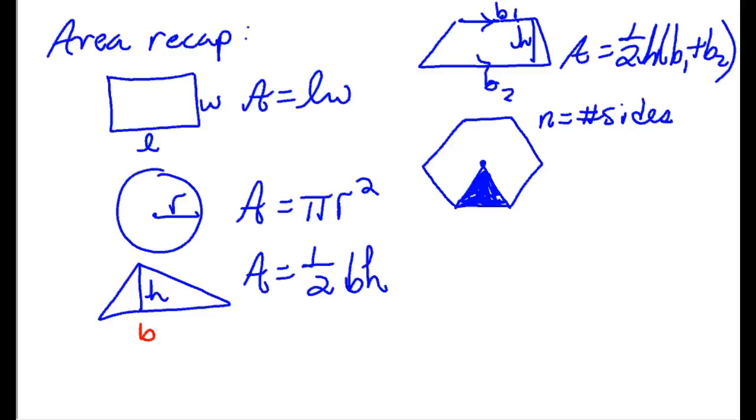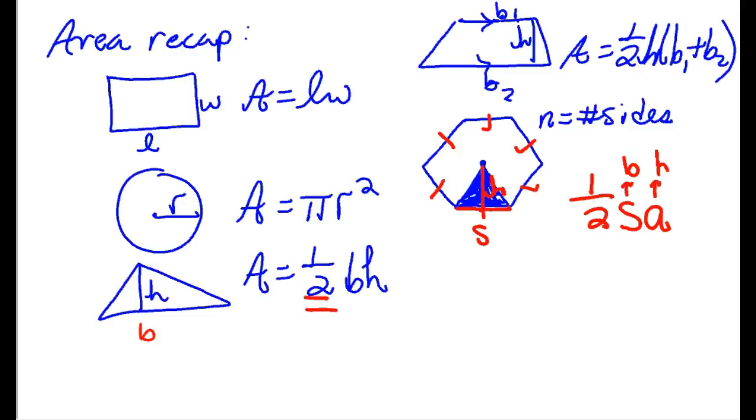The area of one of those triangles is 1/2 the base, and this is a side length, so they'll give you one of these sides, times the height of the triangle, which they actually call the apothem. But this is really just 1/2 base times height, and if you prefer to write that, go ahead.